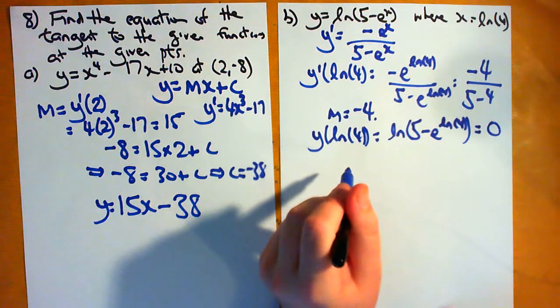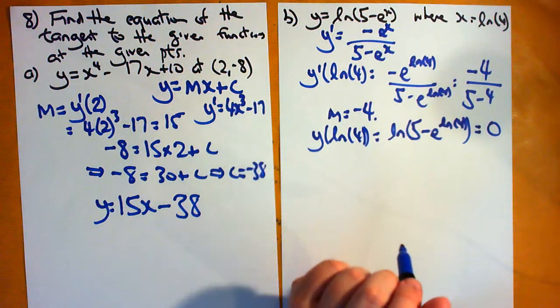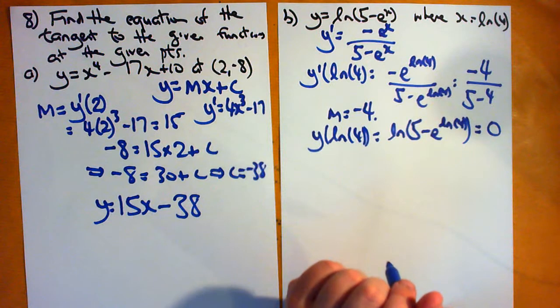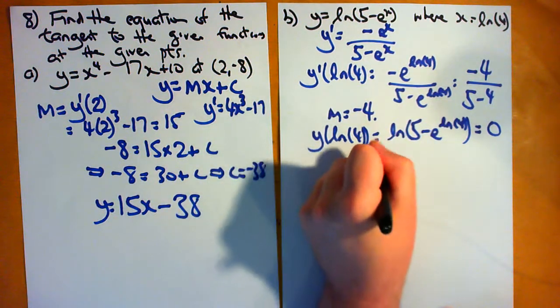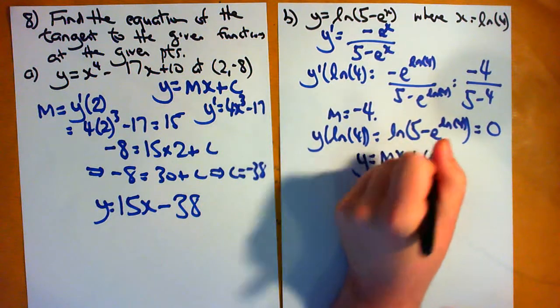So we know y, we know x is ln of 4, we know m is negative 4. We can now use y equals mx plus c.